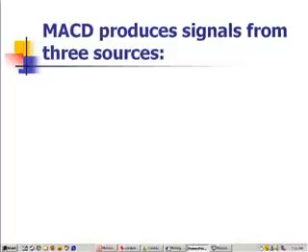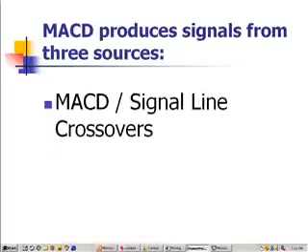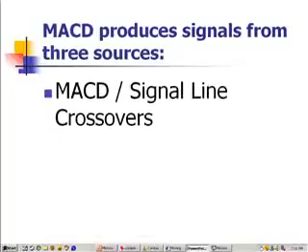MACD produces some lagging signals as well, but it also has some forecasting capabilities. MACD produces signals from three sources. The MACD signal line crossovers are the most common signal that MACD sends out, and unfortunately, they're the most unreliable.